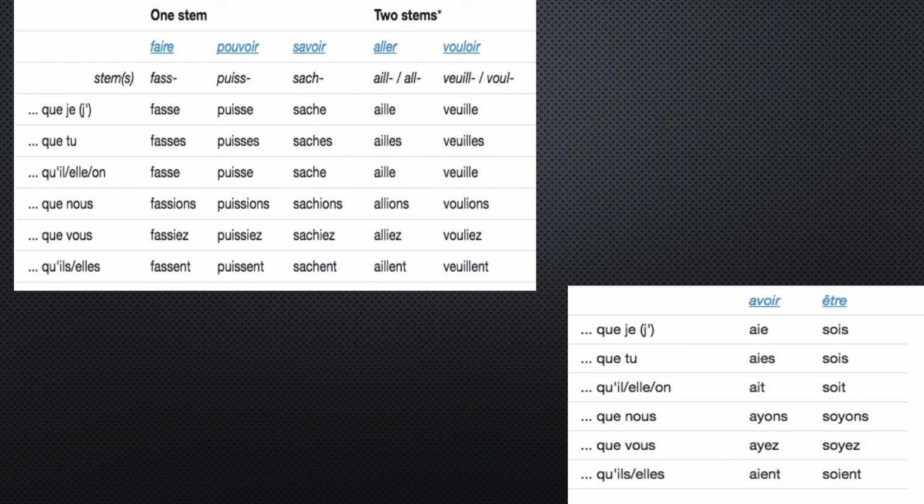The only one that is the exact same was the ils, elles plural with the ent. The je and tu form is s at the end of the stem, and the il, elle, like avoir, has a t at the end. And the nous and vous form, like avoir, has ons and ez instead of the ions and iez.